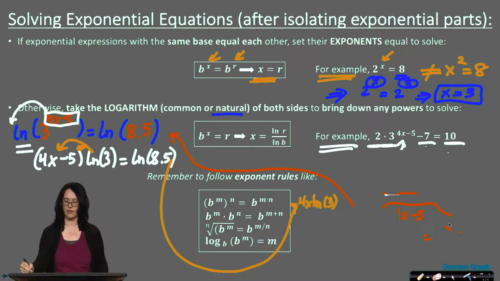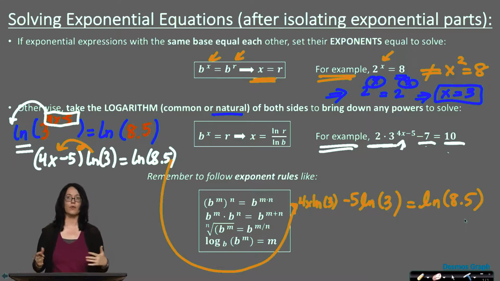You can go back and watch that part if you need to get that part written down. So let's remove that for a moment. There we go. Here's where we're at in this step. After the distribution, we have minus 5 ln 3, equaling ln of 8.5.